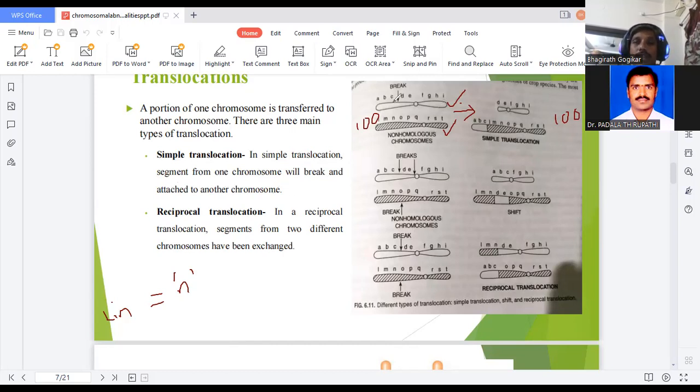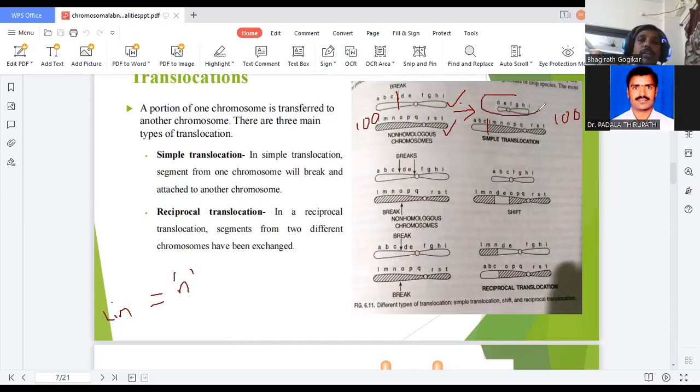See here, exactly in between C and D, the chromosome break takes place and it attaches. Where is it attached? At the terminal end part of the chromosome. So after the change, ABC is attached with LMNOPQRS.